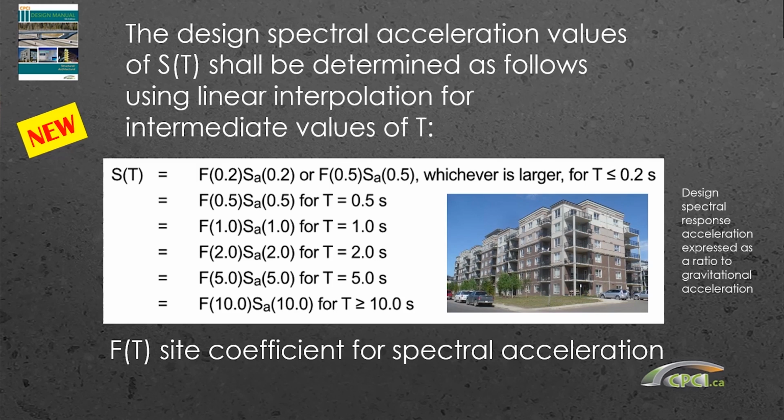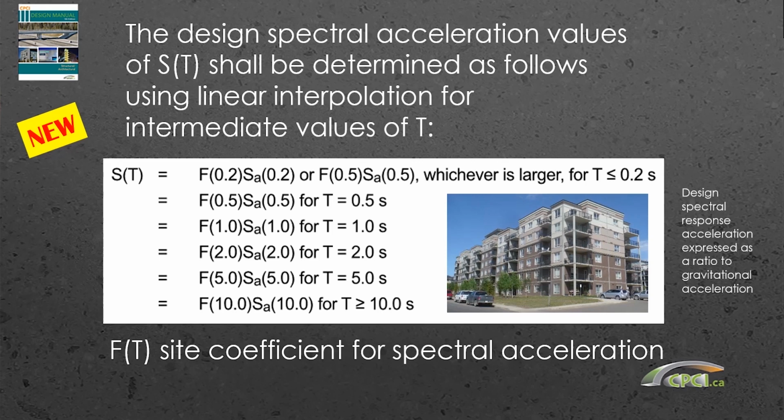They got rid of the FA, FV. The FA in the past for short period and FV for long period have disappeared. And now we have all these different values that are coming from up to a 10-second period, basically. And I'll explain that as we look through, but it's new spectral response accelerations.